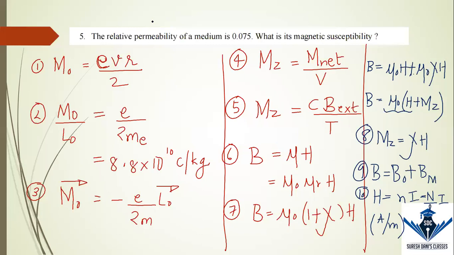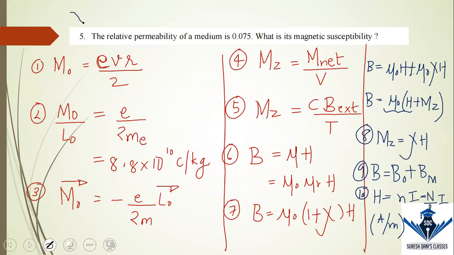I think this question in front of you, you can solve. The relative permeability of the medium is 0.075. What is its magnetic susceptibility? It's very easy. I'm sure everyone can do this. Chi is equal to, yes, mu r is equal to 1 plus chi.